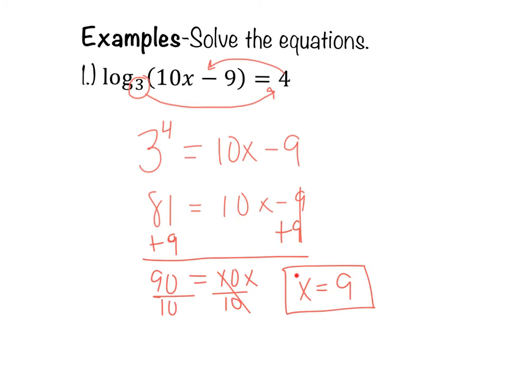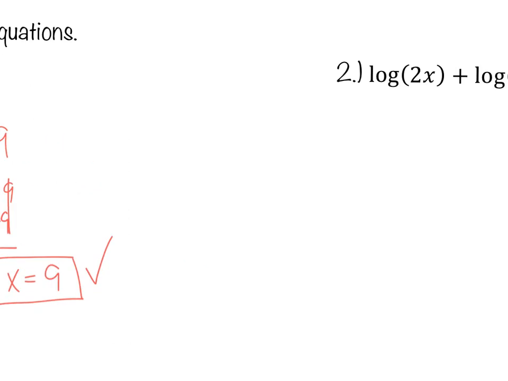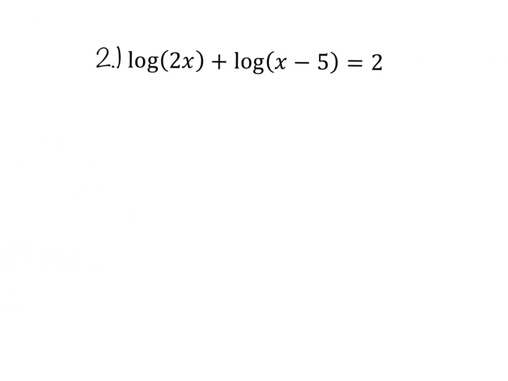Because we're dealing with logs, we do have to check and make sure that this does work. So by plugging 9 into x, we get 10 times 9, which is 90. 90 minus 9 is 81. So it is a positive number. Therefore, this solution works. Okay, let's try one more on this page.